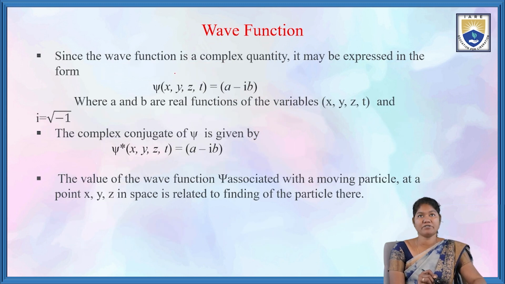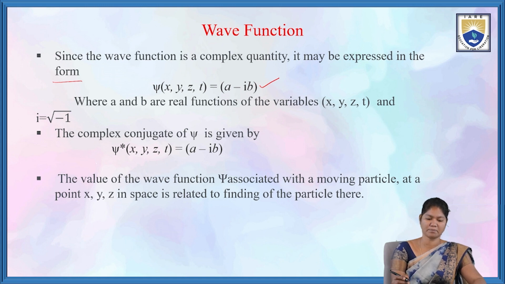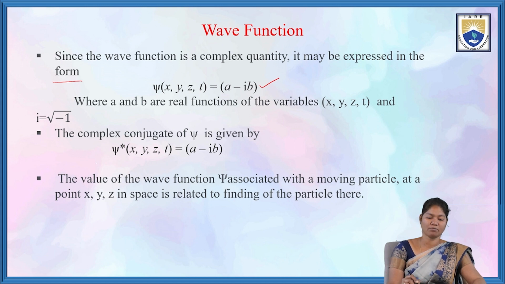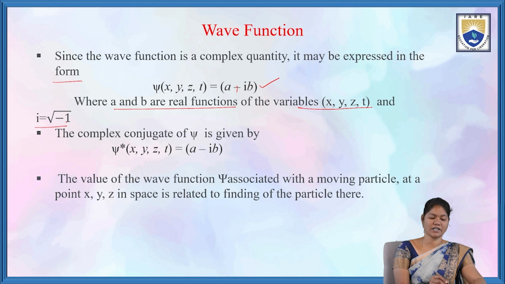Since the wave function is a complex quantity, it may be expressed in the form psi of x, y, z, t equals a plus ib, where a and b are real functions of the variables x, y, z, and t, and i is imaginary, so i equals root minus 1.